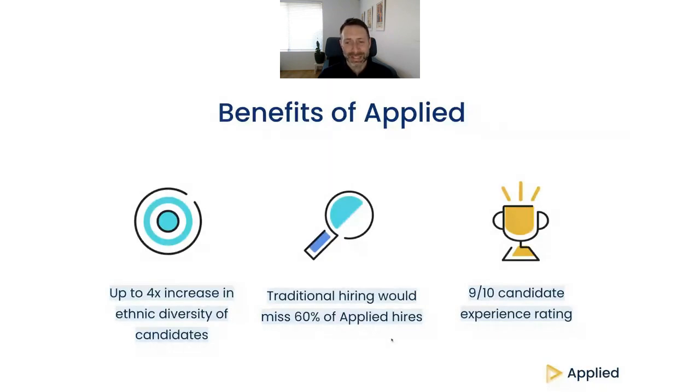So you genuinely see people who you wouldn't normally find based on a traditional CV sift method. And the third one is that candidates truly love this way of recruiting because it's fair, inclusive, open, transparent, and it reflects our organization's values and how they like to treat people. So it means you get a great candidate experience.